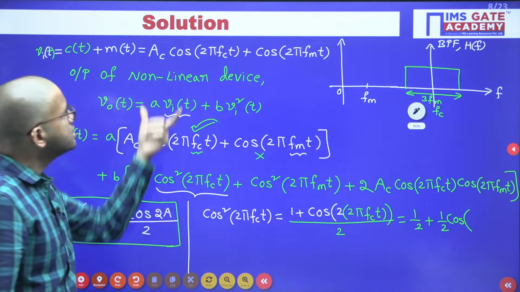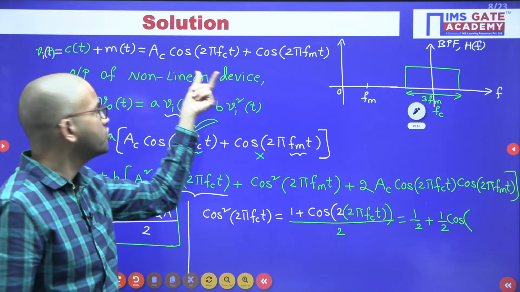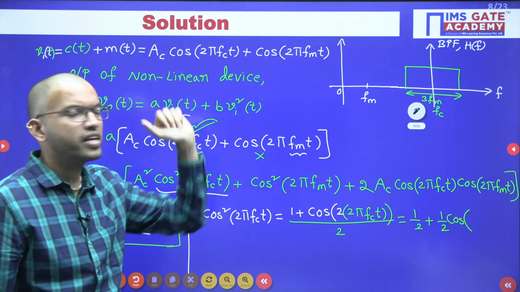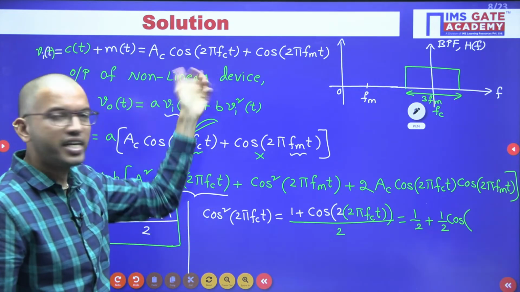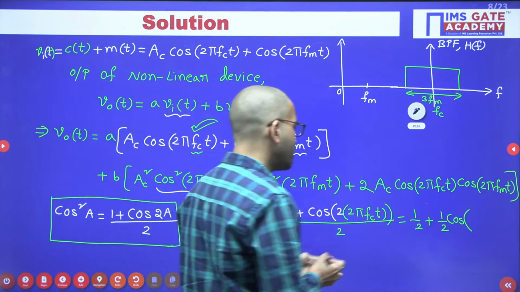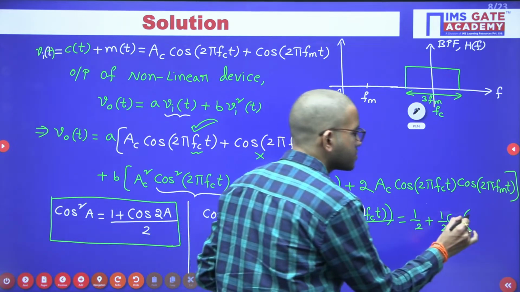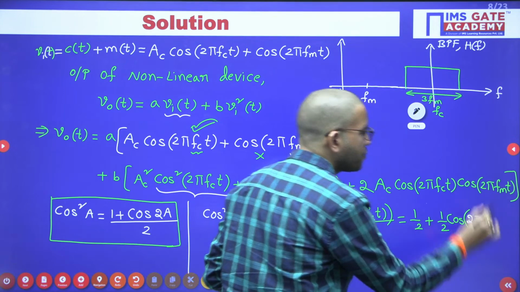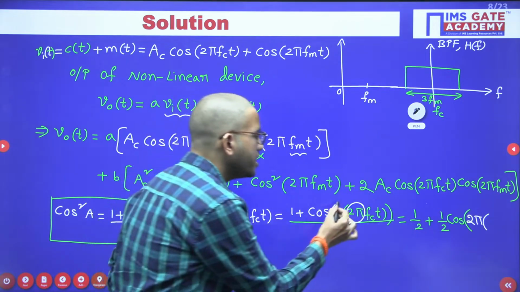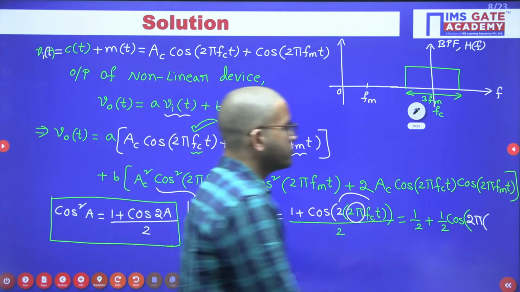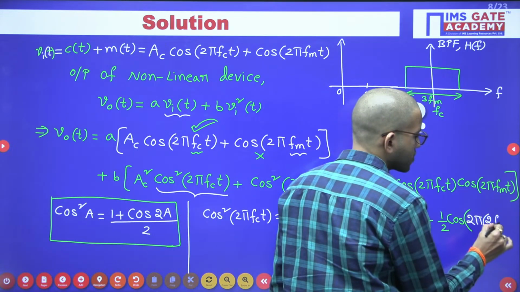In general, whenever you are having a cos signal, you are having cos 2 pi fc t. So in that 2 pi f format I am bringing. Here I am copying this 2 pi, I am writing 2 pi first, then here you are having 2 fc into t.